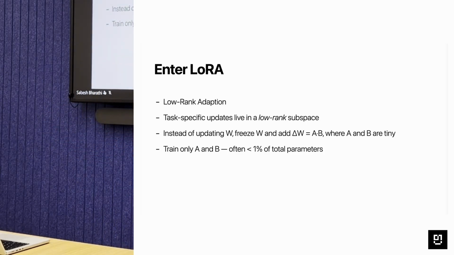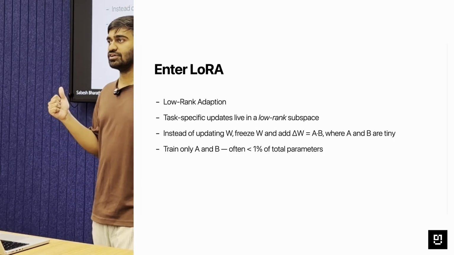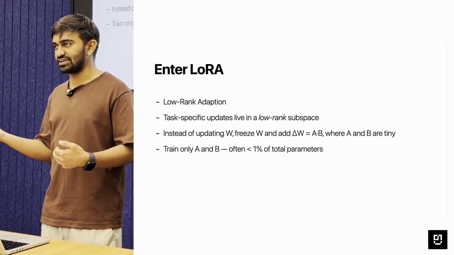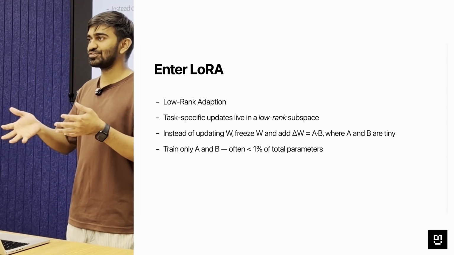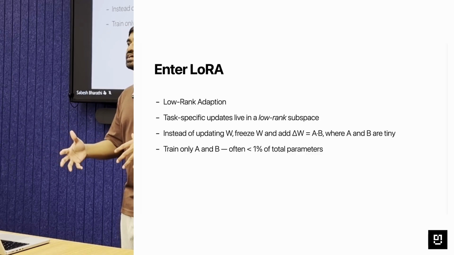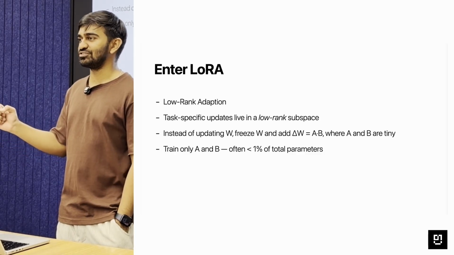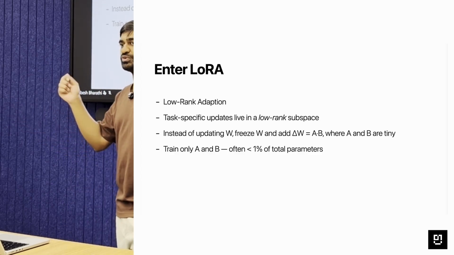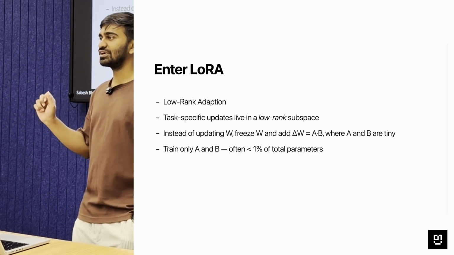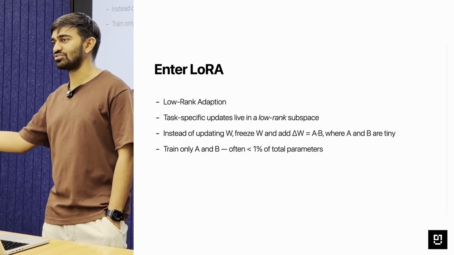So it stands for low rank adaptation, and this is task specific updates that live in a low rank subspace. So what that means is, instead of updating all your weights, you only update a small number of weights, usually less than 1%. You tweak those parameters, and you guide it saying, okay, this is how you're supposed to behave.